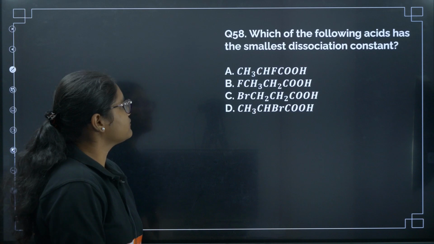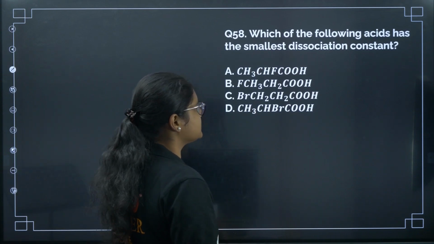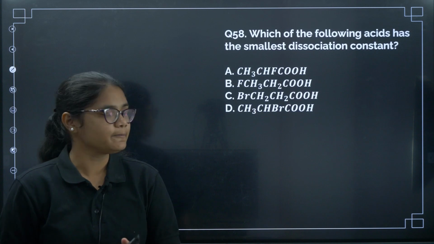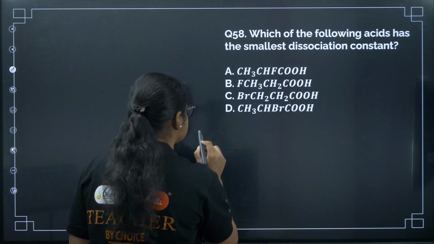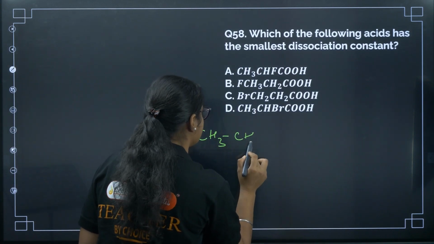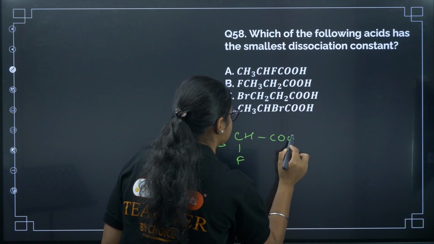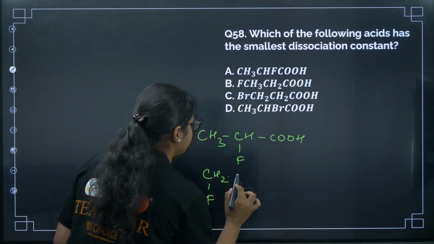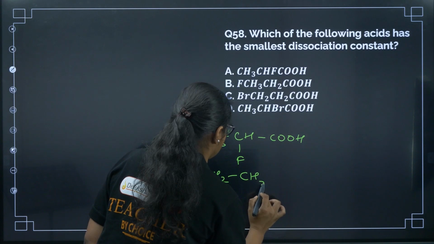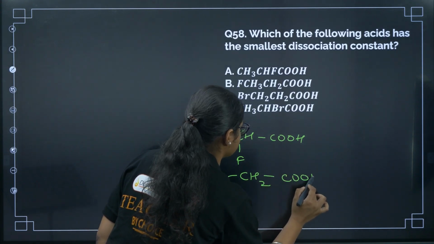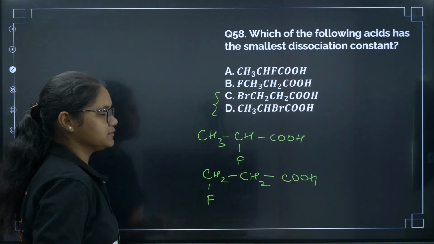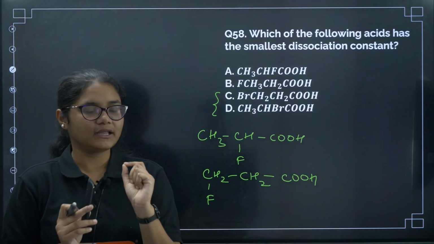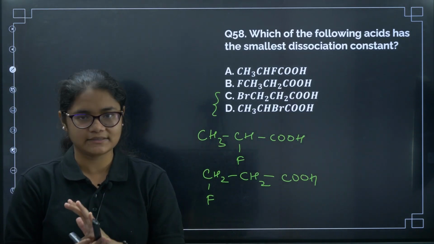Next question. Which of the following acids has the smallest dissociation constant? Smallest dissociation constant means it is a weak acid. Now we have this structure CH3, CHF, COOH. This is the first compound. Second compound we have CH2F, CH2 and then COOH. And the next two are bromine compounds. The electronegativity of fluorine is more, so definitely it will stabilize more the conjugate base that is formed.